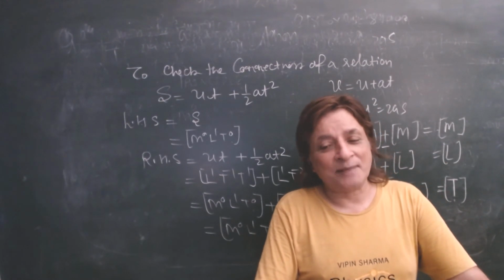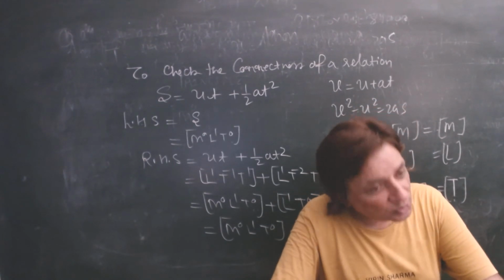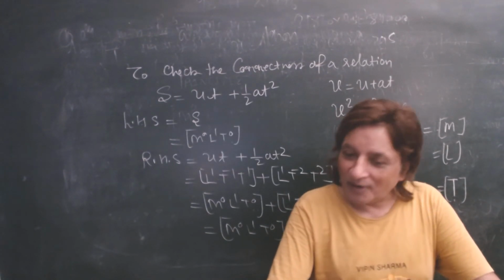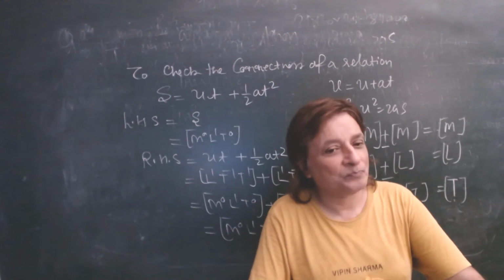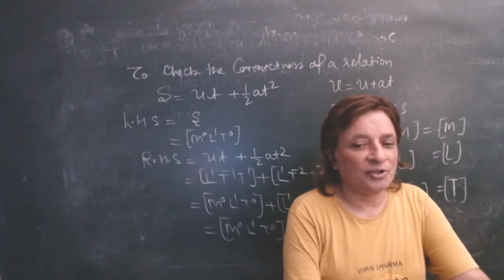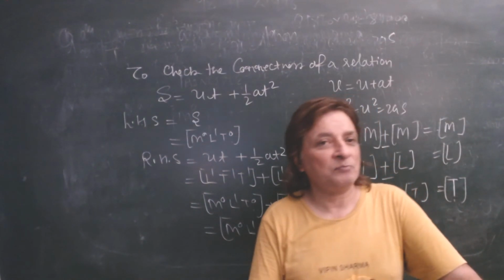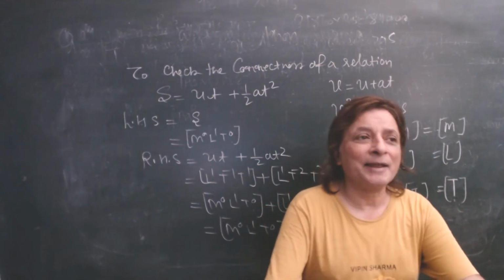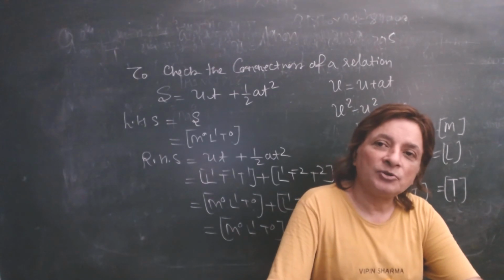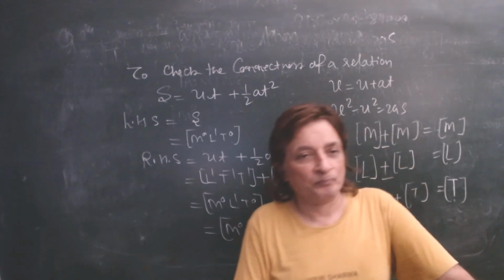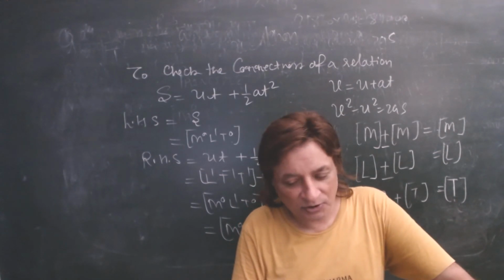So you can add mass into mass, you cannot add mass into length. You can add length into length, you can add time into time. You can multiply mass with length and time, but you cannot add mass into length and length into time. So this is how we check the correctness of the relation.